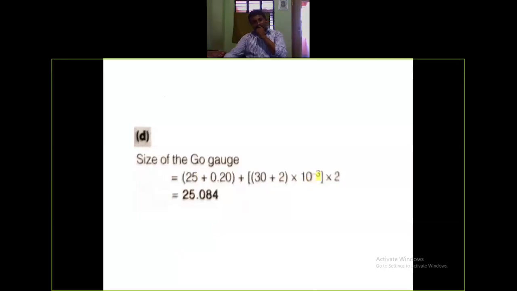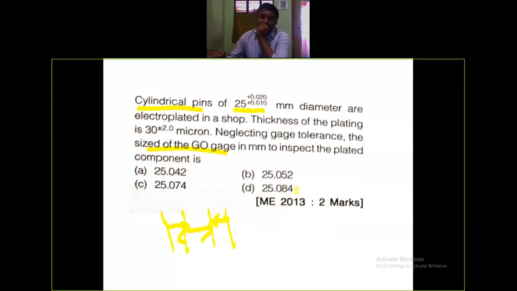It is given in microns, so we have converted it into millimeters. So why is it 2? Because of this one, this one, this one and this one. It is written twice. So if you calculate the value, you will find the size of the go gauge is 25.084. So the correct answer is option D. This question was asked in the year 2013.